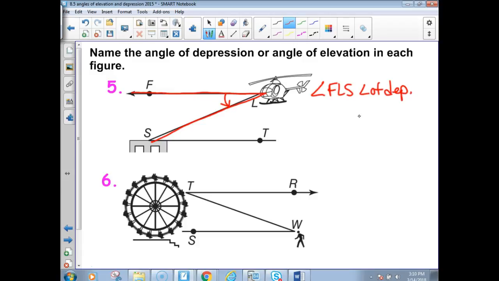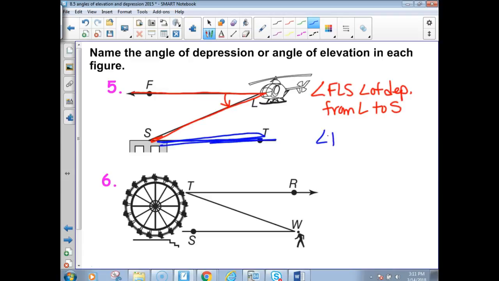You can use DEP, and it's going from the angle is coming from the helicopter at L to point S, which is at the top of the building. So to describe it, angle FLS is an angle of depression from L to S. Now, when I name the next angle, I'm going to start with the horizontal line.